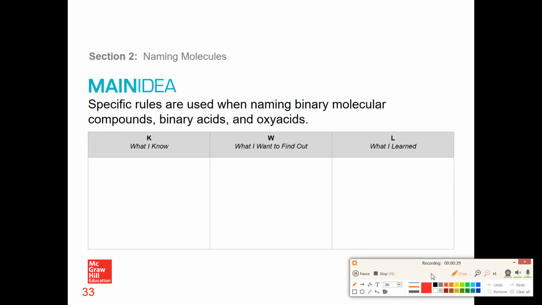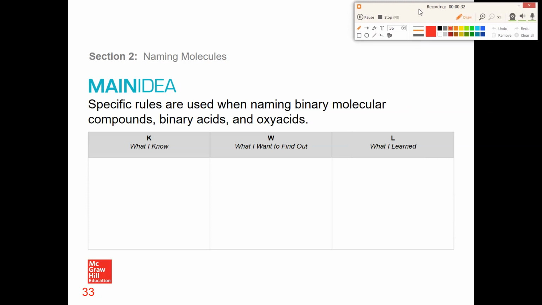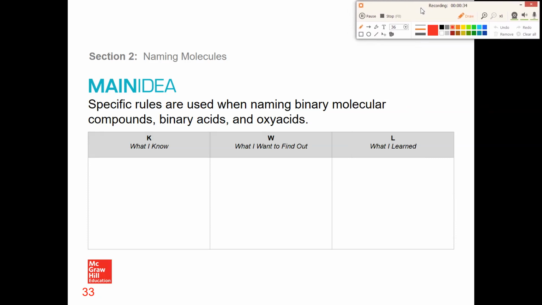It includes two parts. Similar to ionic compounds, we could have a binary compound like sodium chloride, table salt, and a metal with a polyatomic group like sodium sulfate.